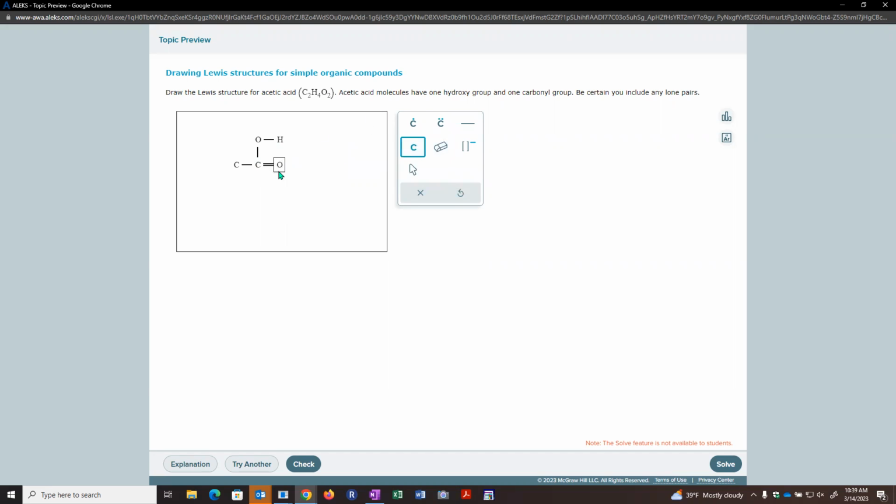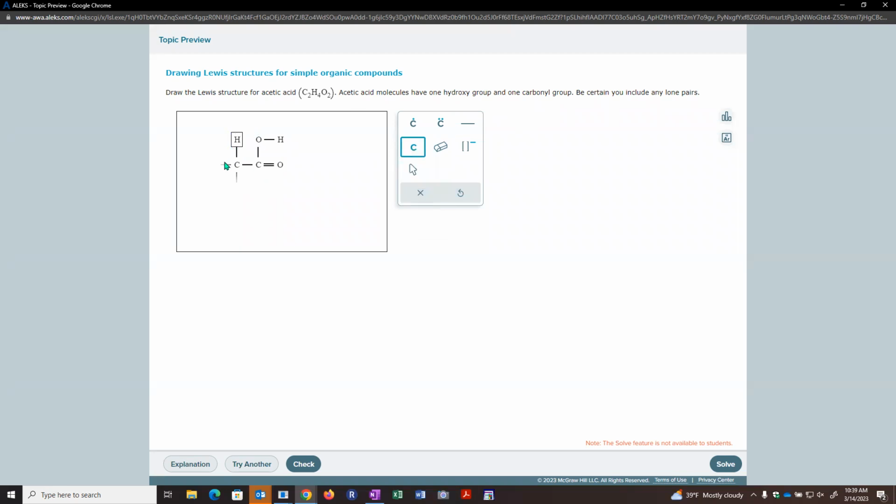So there it is. And then you can see your carbon has 1, 2, 3, 4 bonds. Oxygen has 2. This oxygen up here has 2 as well. This carbon here on the left only has 1, so it needs 3 more. So 1, 2, and then 3. And guess what? Those are going to be H's.